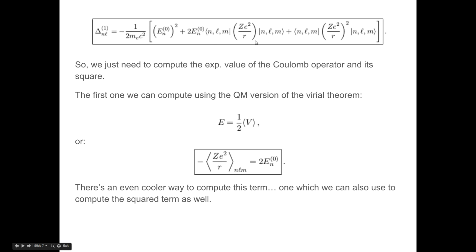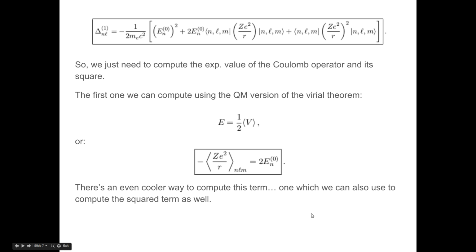And that's precisely what we have here. We have the expectation value of our potential energy, so we can turn this around and say that this thing is just 2 times the energy of this level. And so what I find is that the expectation value of this thing is just twice the unperturbed energy for the level n.